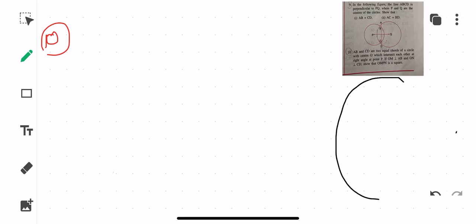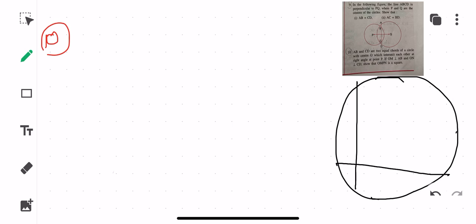So suppose this is my circle. There are two chords AB and CD and they are perpendicular to each other. O is my center, suppose. So this is my AB and this is my CD and they are intersecting at point P, and this angle P is 90 degrees.